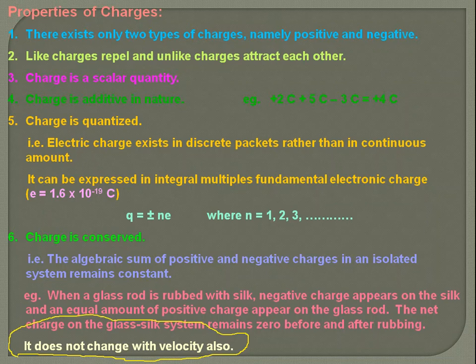If you are going with the velocity of light, then time will be slow for you. Unlike that, the charge magnitude does not change with velocity. I hope all these properties are very clear to you. So let's move to our next slide.